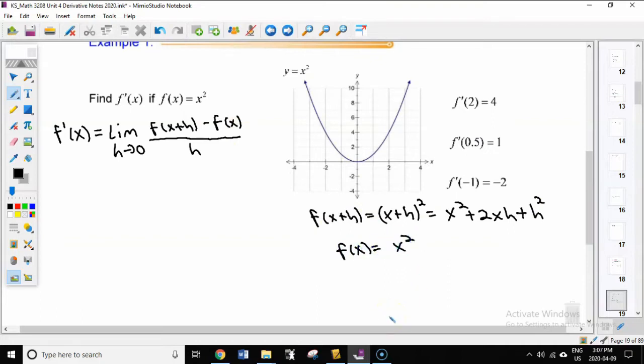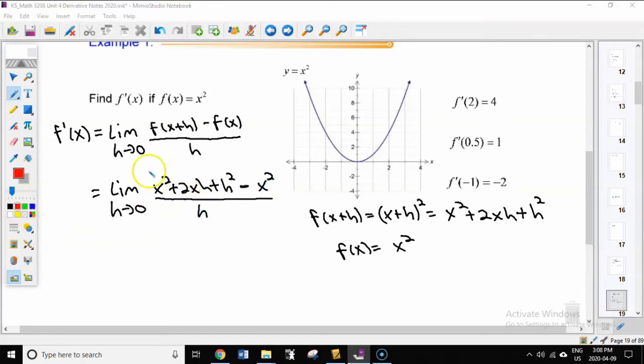So the goal is still to cancel everything out that doesn't have an h in it. So whether we use a number or leave x alone, that's still the plan. So we do the limit as h approaches 0 of x squared plus 2xh plus h squared minus x squared all over h.